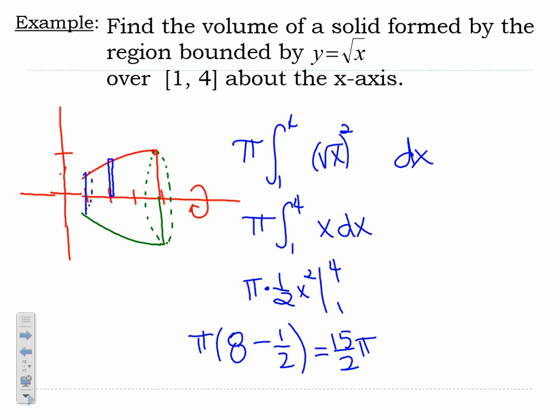So 15/2 pi would be our volume. Question? If there is no hole, then you're going to have discs and you only have one radius. If there is a hole at any point in your revolution, then you will have washers, and you'll need to have two different radii.